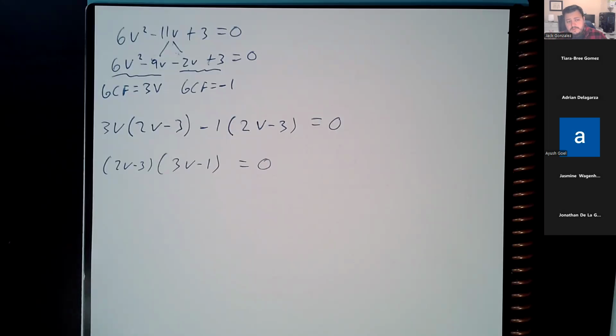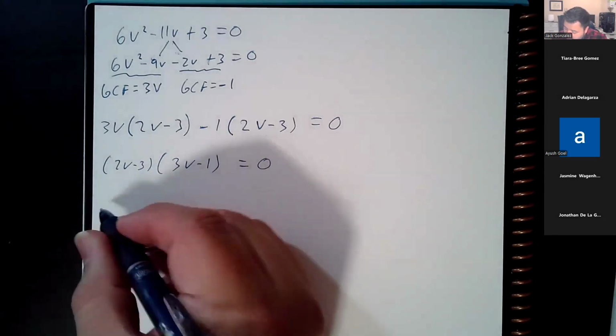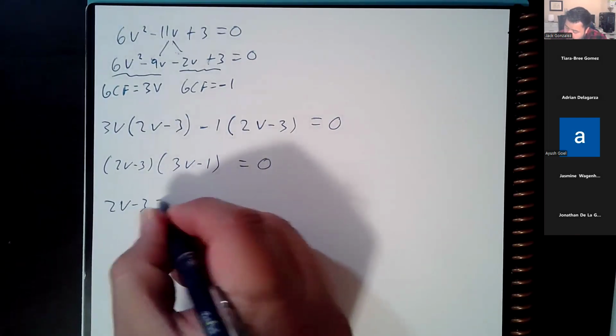Now we have two factors equal to 0. What's the next step? Right, the zero factor property says set each one to 0, right?